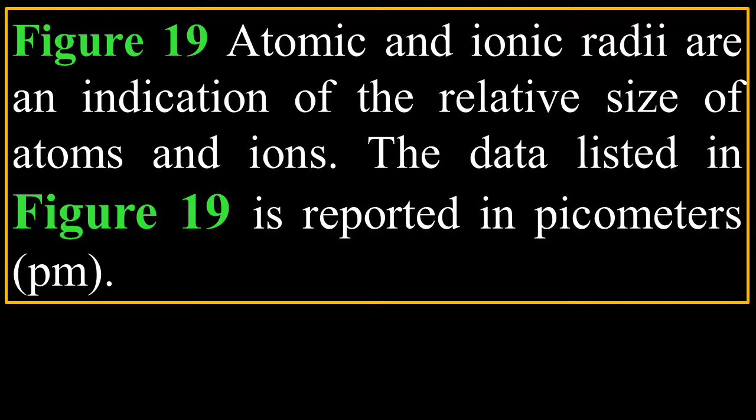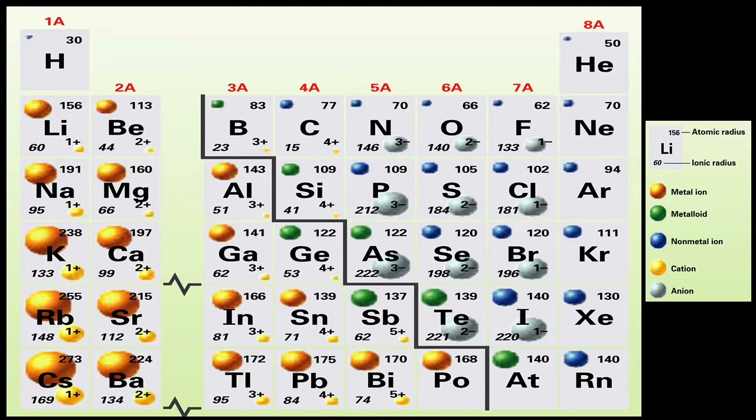This next table is very important to help you identify certain characteristics for bonding. When you're talking about, for instance, electronegativity, I'm not going to talk about this much.